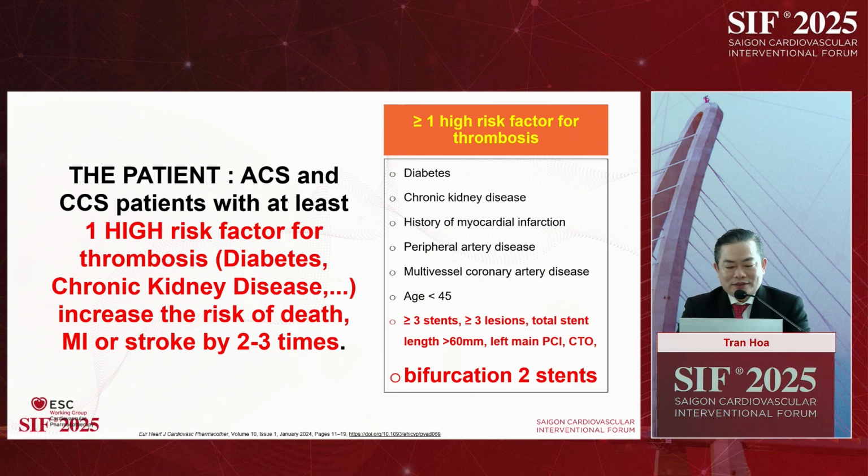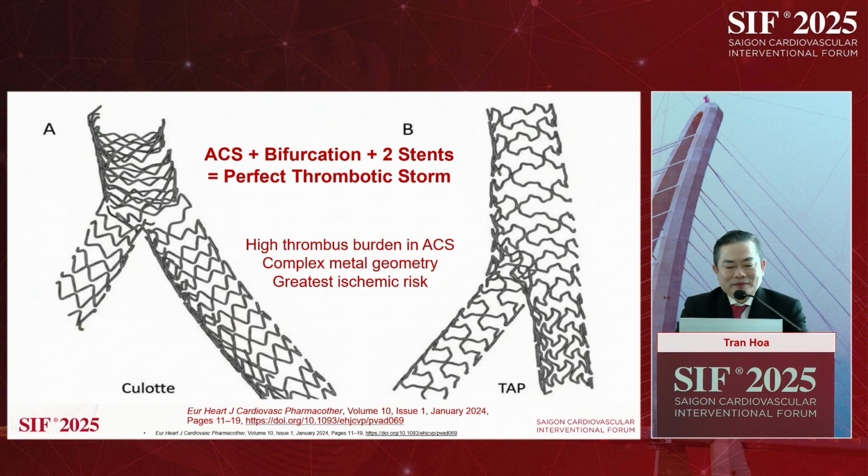If the patient has a bifurcation with 2 stents, the risk of MACE, with stroke, death, and myocardial infarction, is 2 or 3 times higher. Ladies and gentlemen, a patient with ACS plus a bifurcation and 2 stents has triple risk of thrombosis.